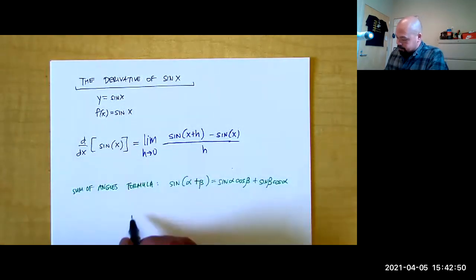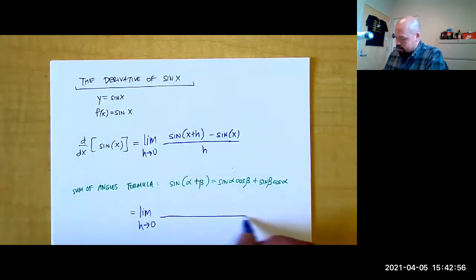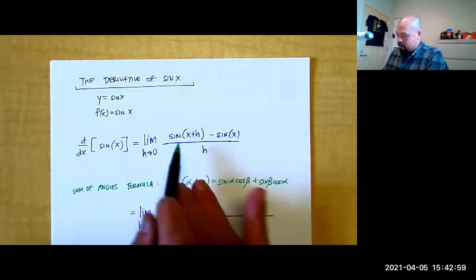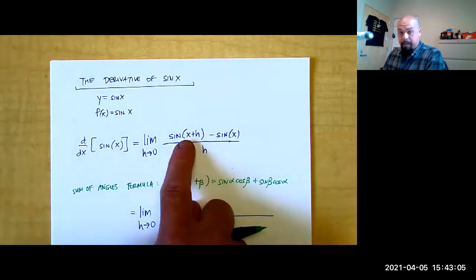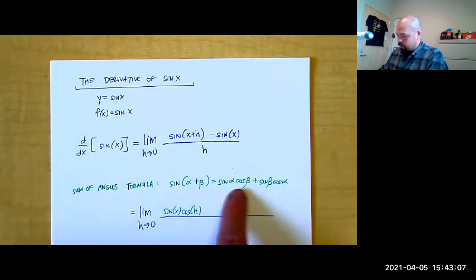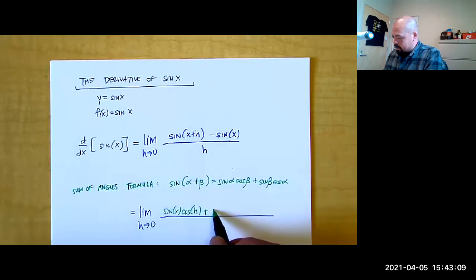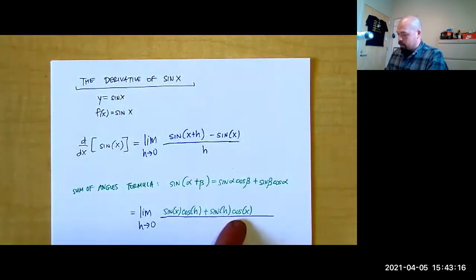So then that limit as h goes to 0 becomes sine of x cosine of h. There's my alpha and beta, plus sine of h cosine of x, just switching my order there, which function, sine or cosine, gets the h and the x.